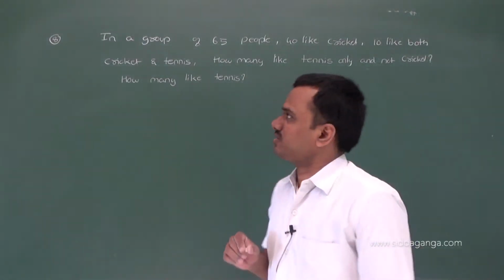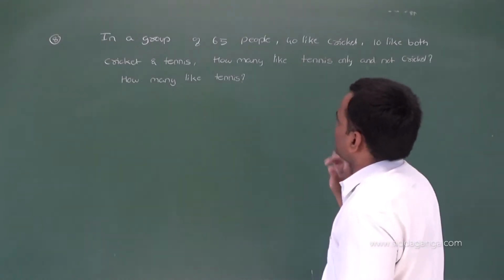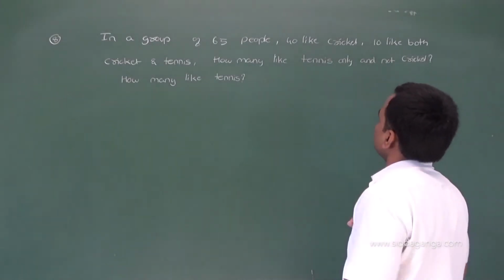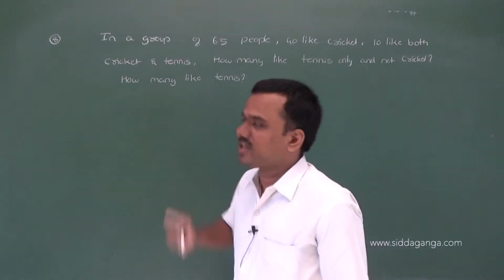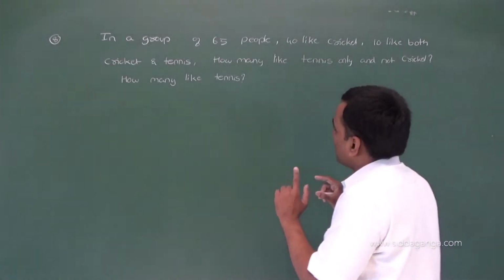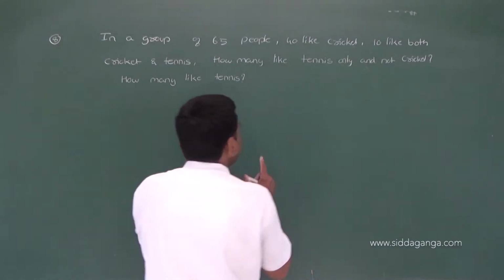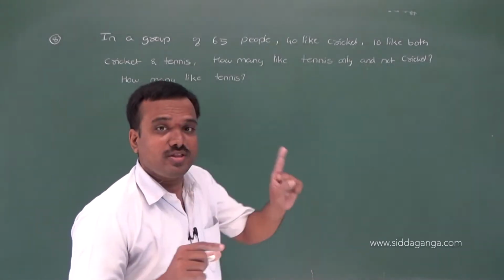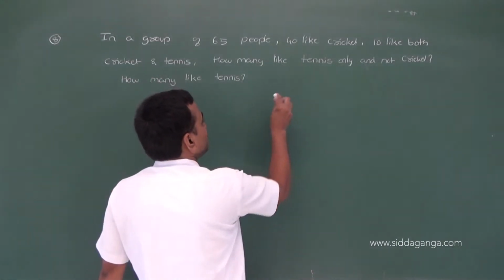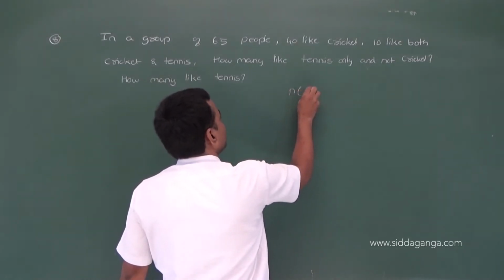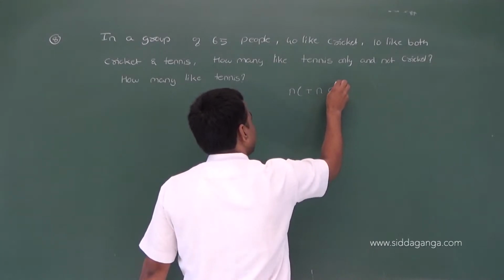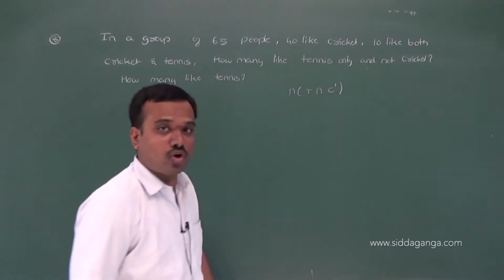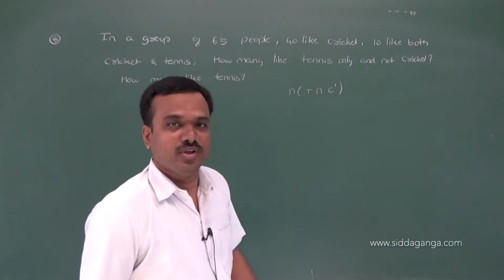Okay, see the question. Very interesting question. In a group of 65 people, 40 like cricket, 10 like both cricket and tennis. Firstly ask how many people like tennis only, not cricket. Like tennis, n of T intersection, and means intersection, not cricket means not C dash.